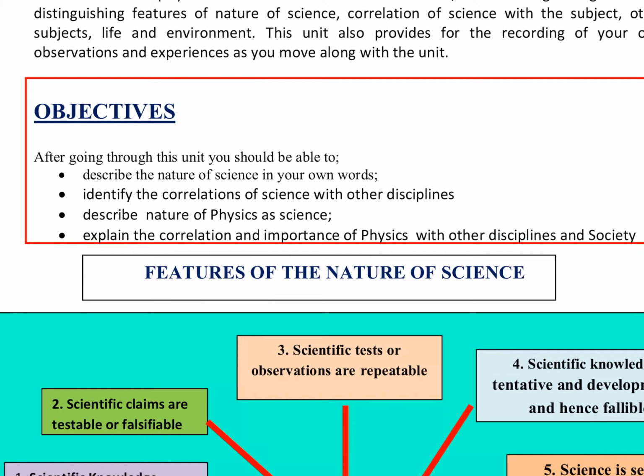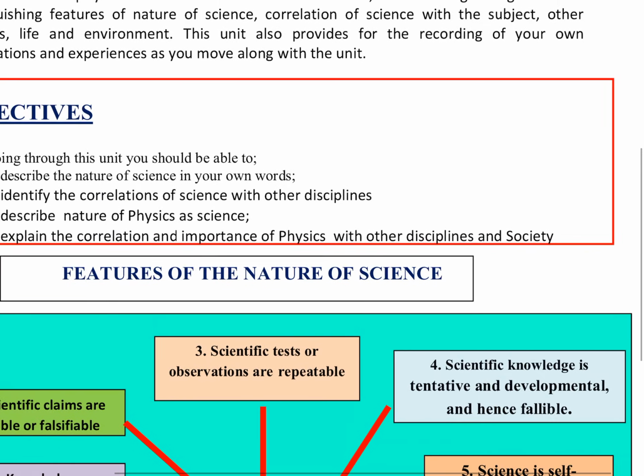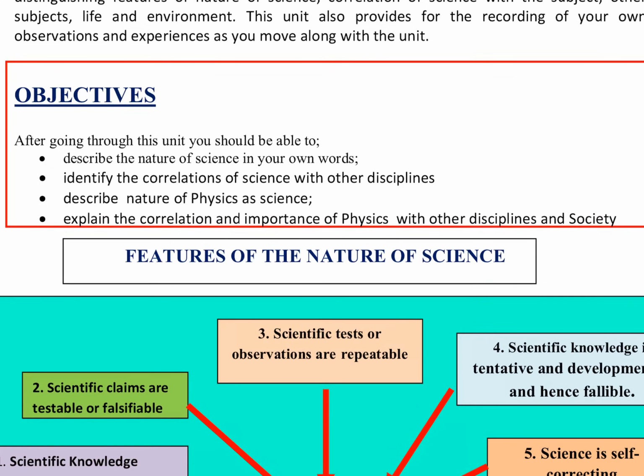After going through this unit, you will be able to describe the nature of science in your own words, identify the correlation of science, especially physics, with other disciplines, describe the nature of physics as a science, and explain the correlation and importance of physics with other disciplines and society.